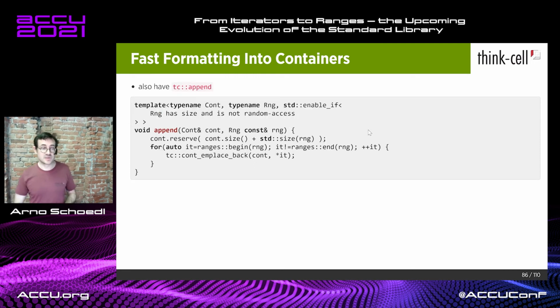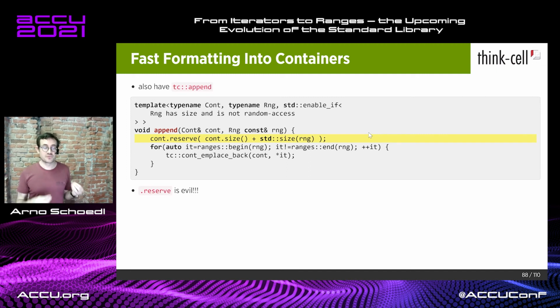Now for append, we can do it in a similar way. There is a little tricky problem here. If you take a look at append, or take a look at this for a moment, maybe you can see it. The evil part is the reserve. Reserve is evil. I think reserve is misdesigned.